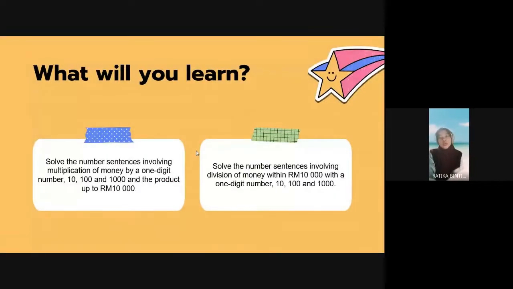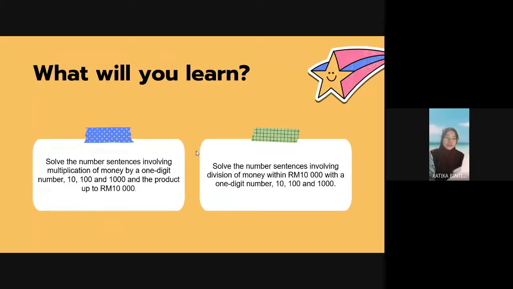Okay, what will you learn in our class today? Tonight, you will learn how to solve the number sentence involving multiplication of money by a one-digit number, 10, 100, and 1,000, and the product up to 10,000.